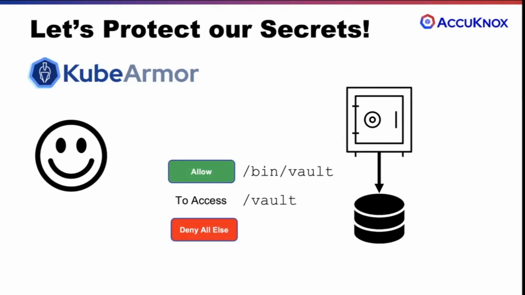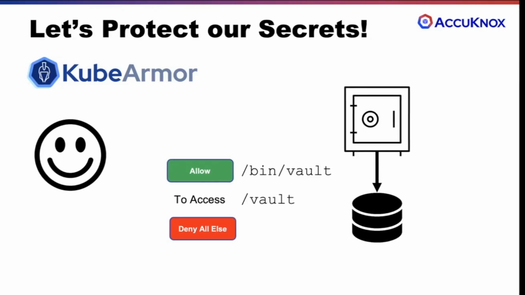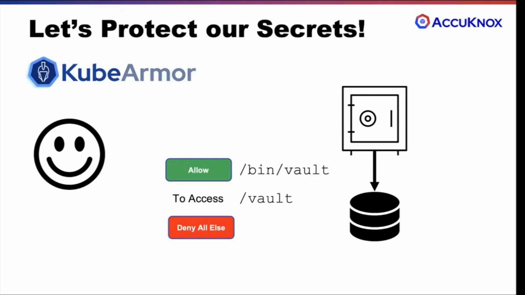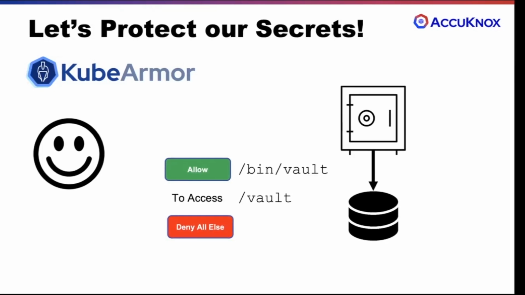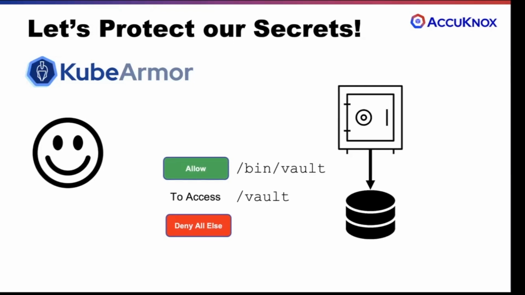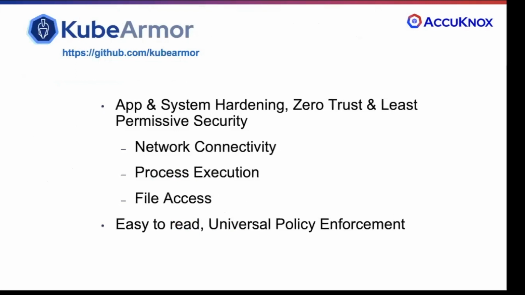That is the definition of a zero trust policy, right? So specify what you allow and deny everything else. Or some people say, deny everything and then add in what you're going to allow. The net result is the same.